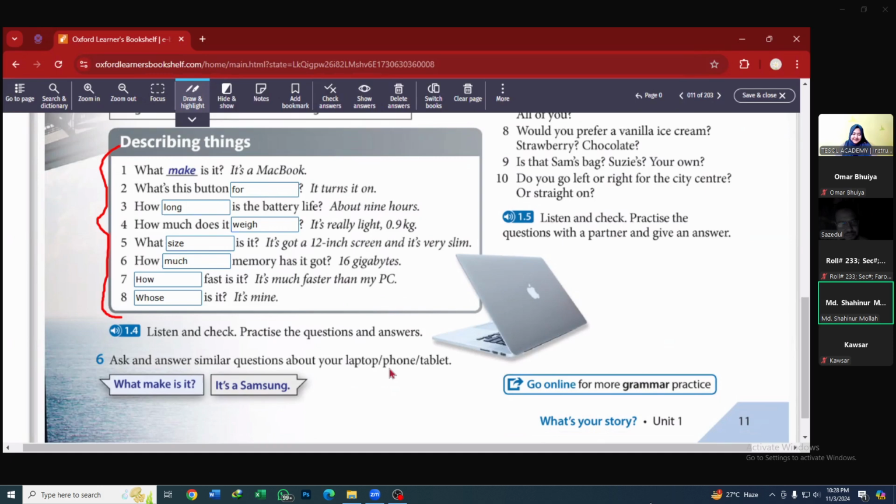Number 6. How much memory has it got? 120 GB. Good. Number 7. How fast is it? It's comparatively much better than my PC as well. Great. Number 8. Whose is it? It's mine. Okay, well done, Mr. Sajidul and Mr. Shahinur. Great work.